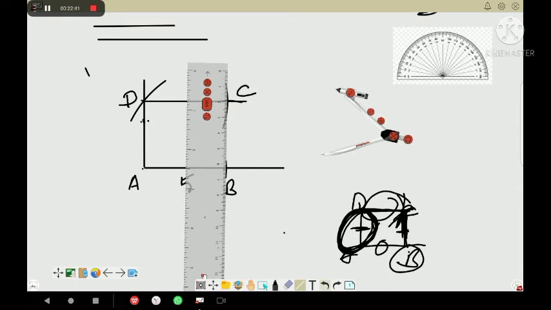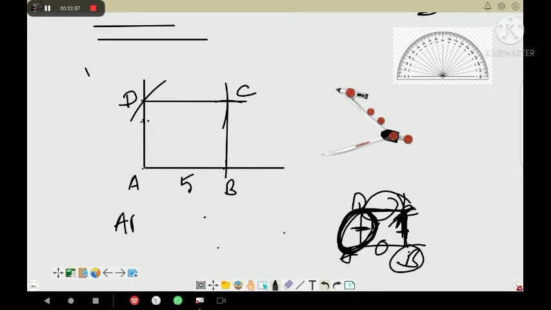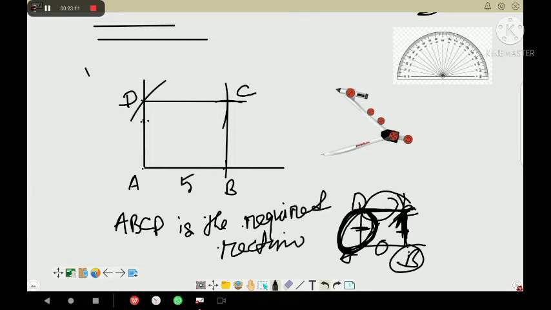So ABCD is the required rectangle. So rectangle part covered.